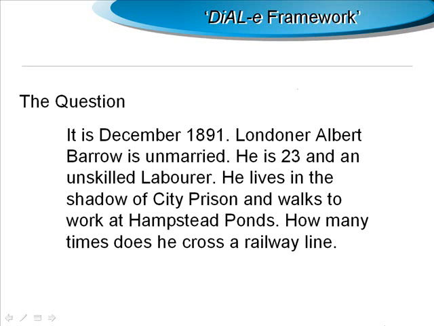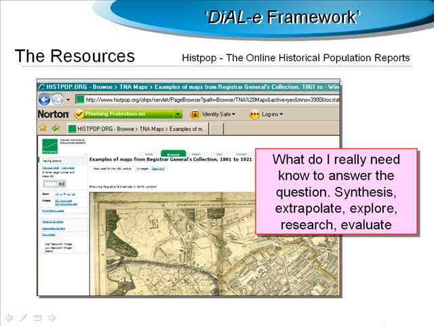But in fact, when one starts to then engage with the resources, one is asking a great number of questions about how the geography and environment is changing over time, and at this particular time, how reliable the resources are, how many different bits of information need to be cross-referenced to ensure their validity, and so on. And my starting point would be to point students at the HISPOP online historical population reports, which include, amongst other things, some historical maps, but also then lead students to other data, not necessarily detailed census data.